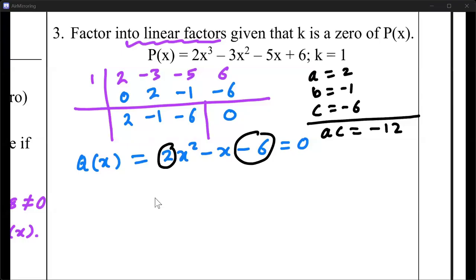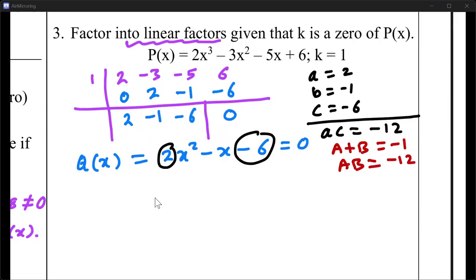Now what you want is two numbers whose sum, okay, the numbers I'm going to write as big A and big B so it's not confusing, A plus B should give you that middle number, minus 1, which is b. And A times B should give you that ac, which is minus 12.